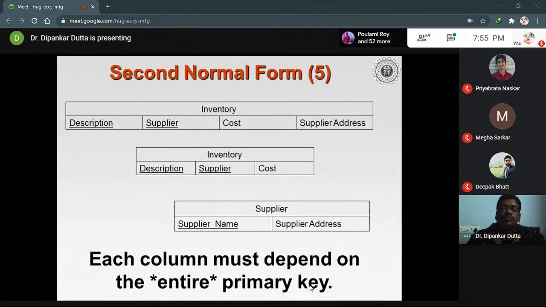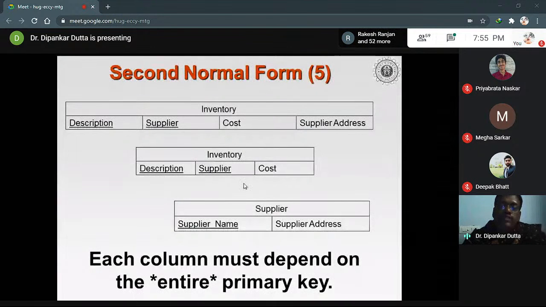Okay, so you have to divide this table into two tables. Inventory and supplier, and now in these two tables, every non-prime attribute is fully functionally dependent on the prime attributes or primary key. So cost is fully dependent on description, and supplier address is based on supplier name.